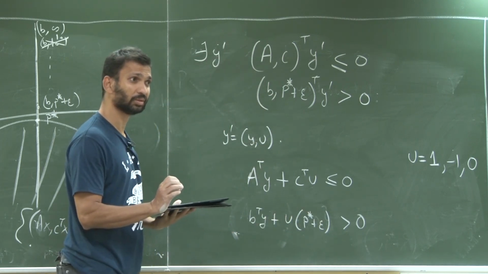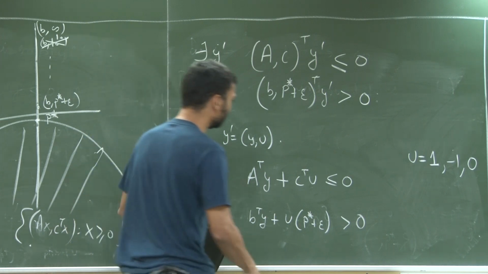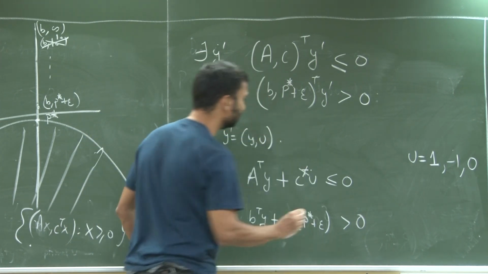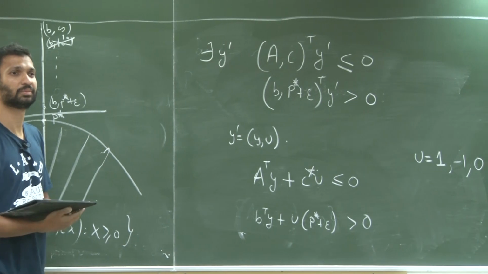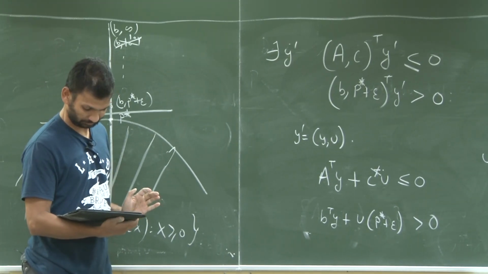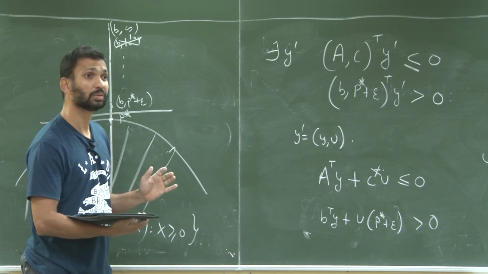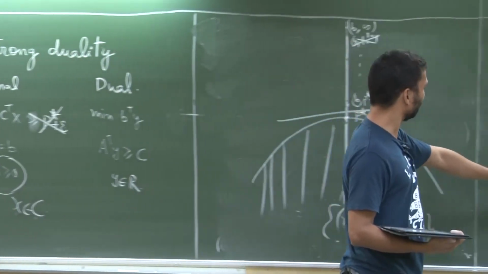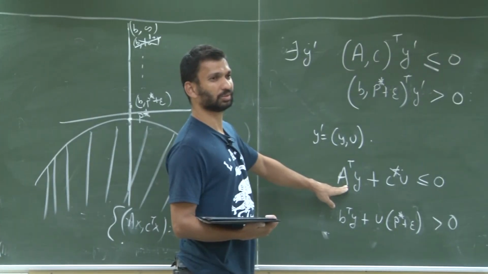Okay? By the way, there is no transpose needed here. u is a number. Okay? So probably it's the column of A transpose I was talking about.